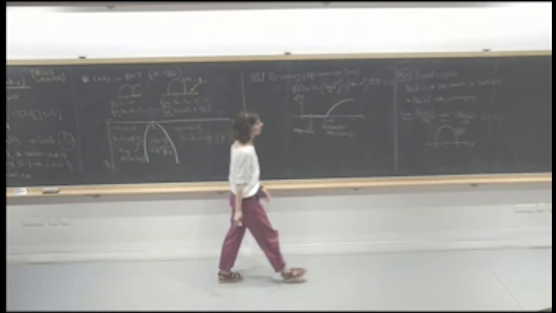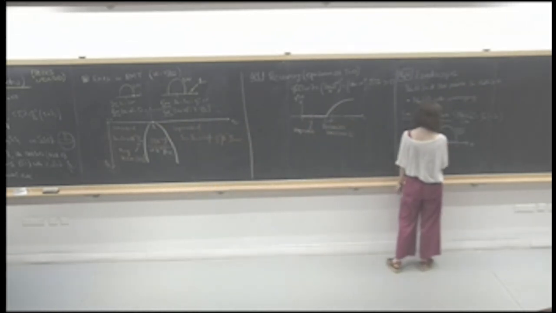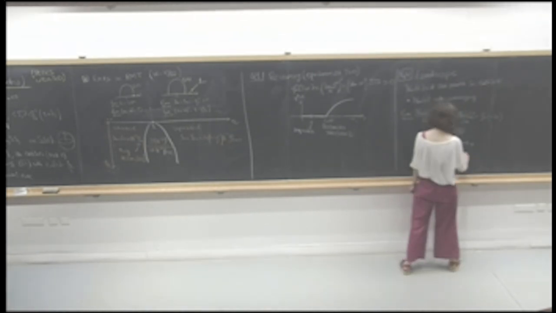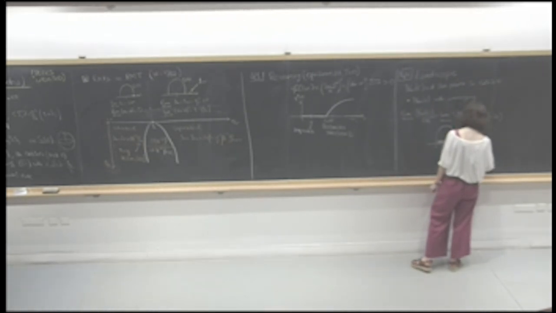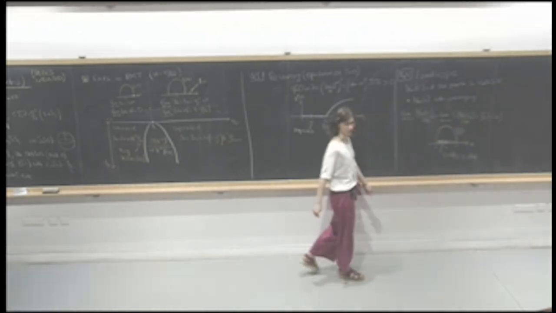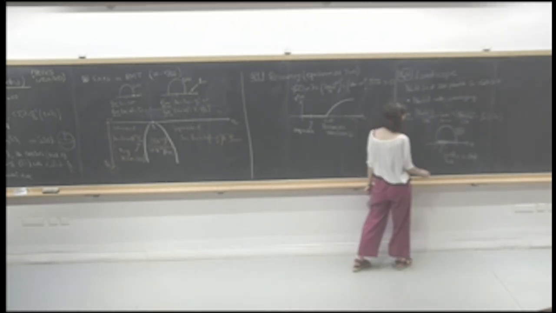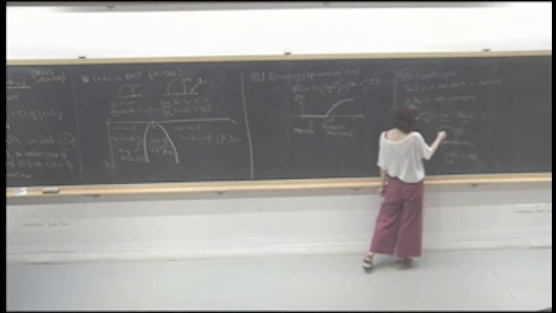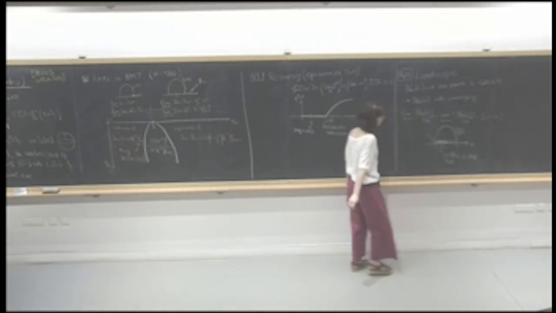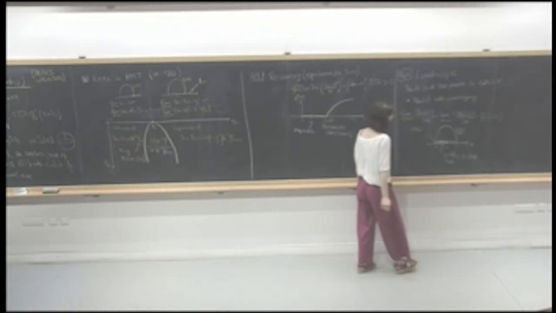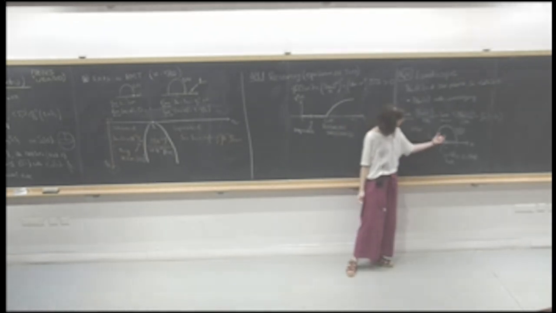So if you are here in the bulk, you have saddles. And these are saddles of extensive index. So the index scales with the size of your matrix. And this is true for the bulk. Now, this is true all along this curve, but when you reach the edge of your eigenvalue density, then with this scaling everything is concentrating, so the density goes to 0.